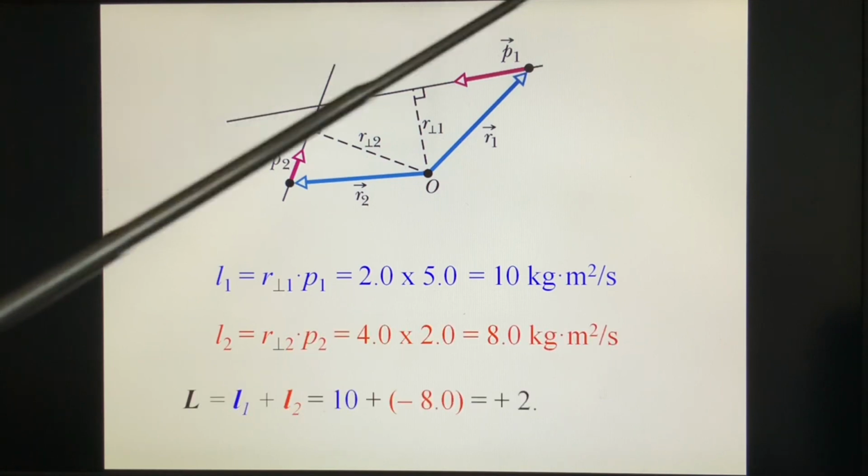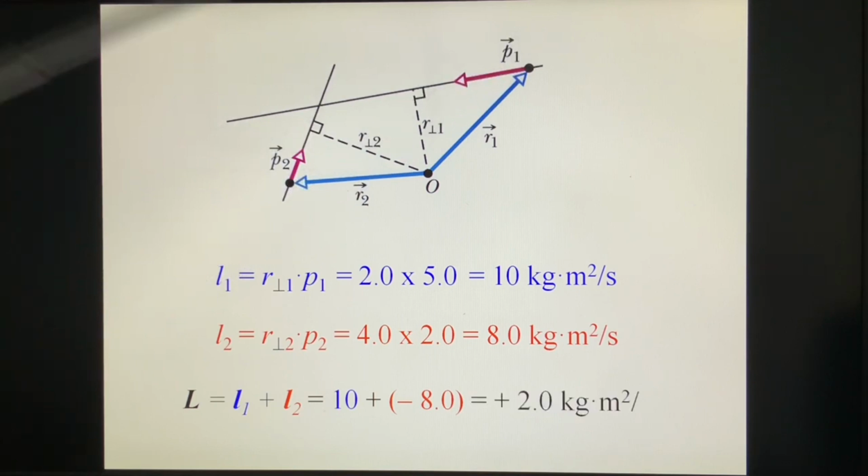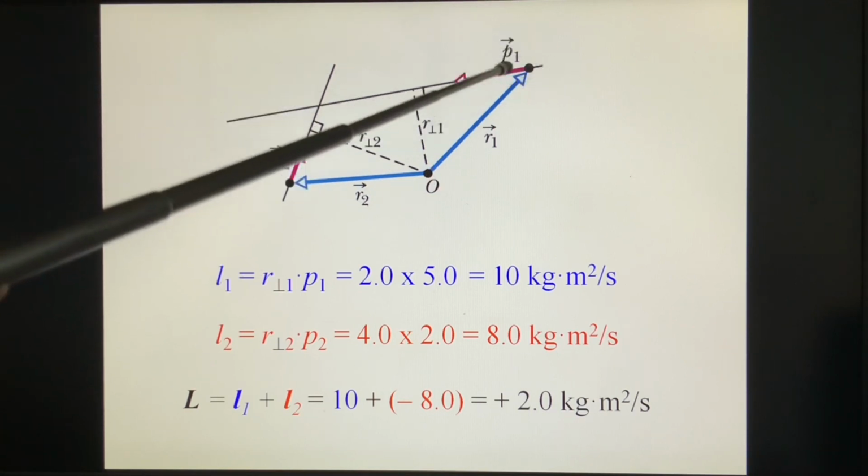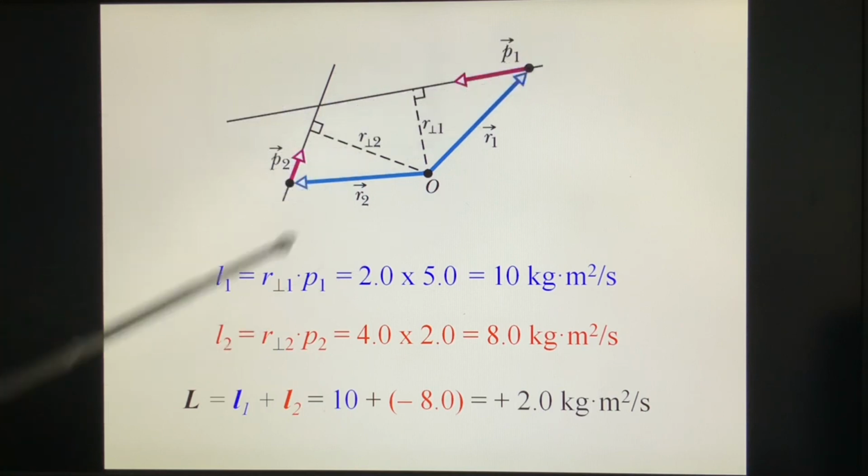You see, r cross p here is the outward direction. Here, r cross p is the inward direction. So they are in opposite directions. So assume outward is positive, then this is negative. So when we put them together, one is positive, one is negative.